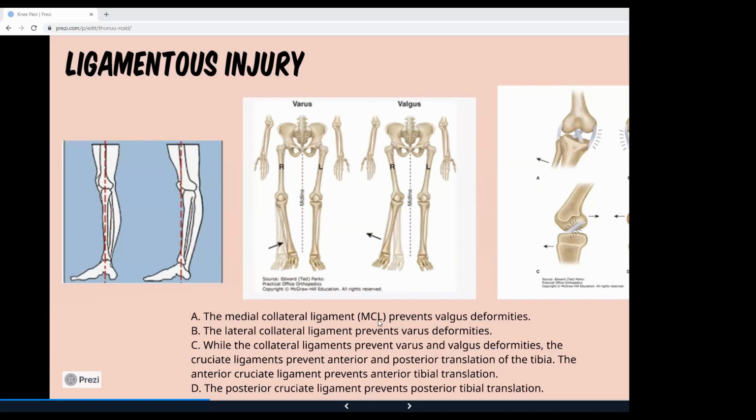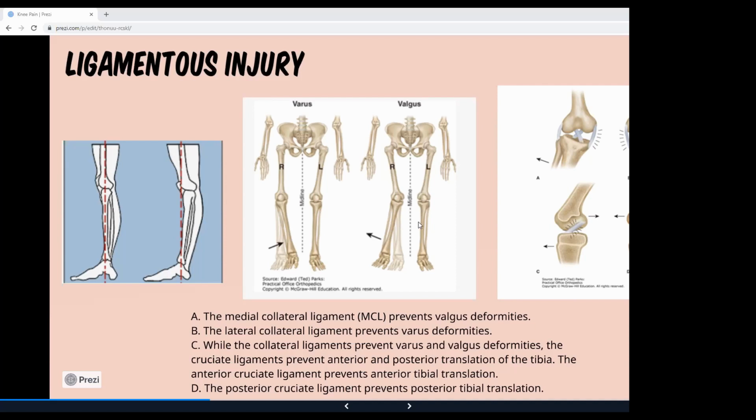Now, as we see here, the MCL will prevent a deformity that's called a valgus deformity. Now in Spanish, there's a word for worthy, that's valioso. And that's usually how I remember. If you remember the Spanish word, you know that someone that knows their worth has a little bit of an insight.